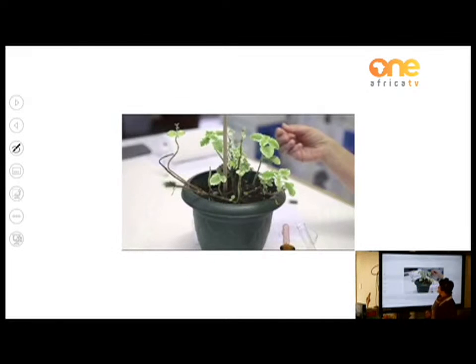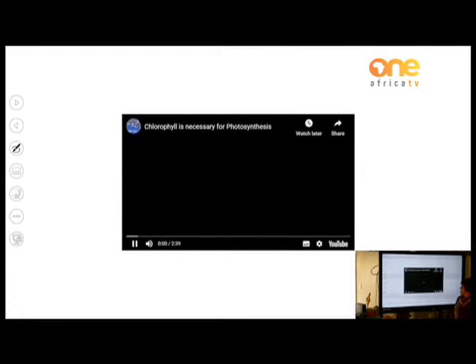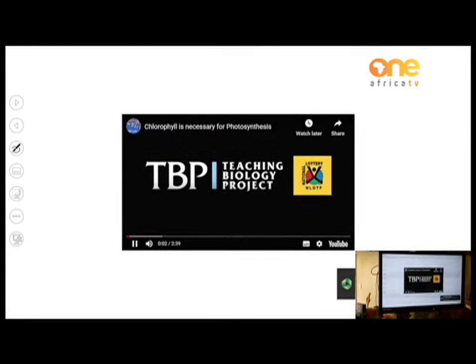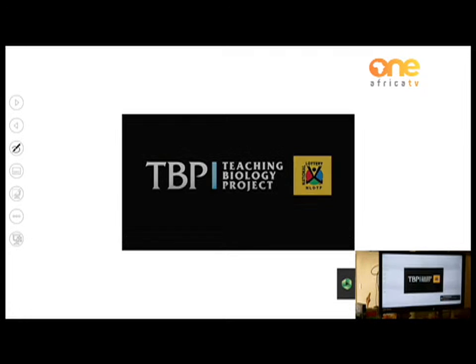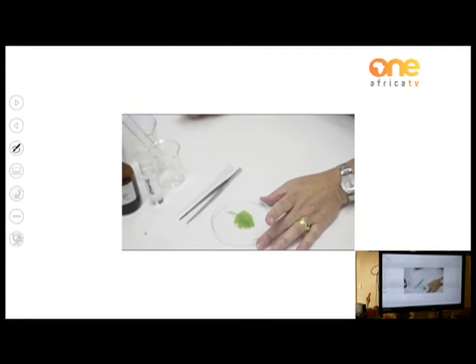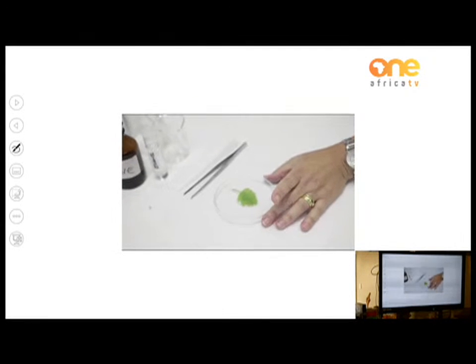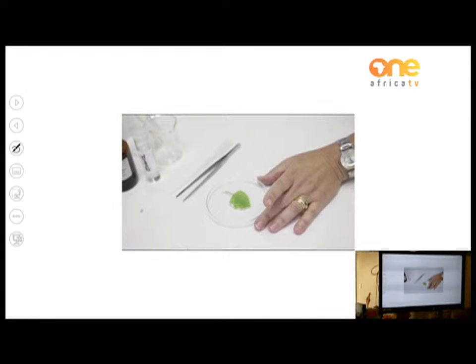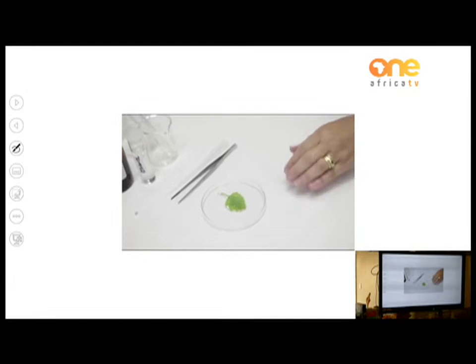The first experiment is where we are going to look at whether chlorophyll is necessary for photosynthesis. In this practical, we will determine whether chlorophyll is indeed necessary for photosynthesis.